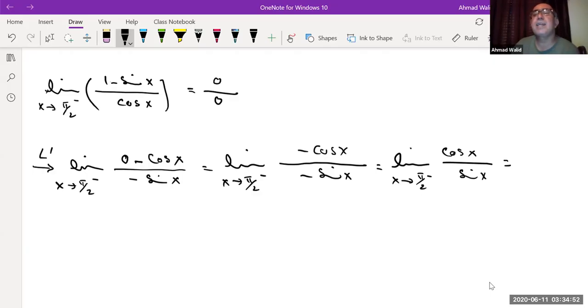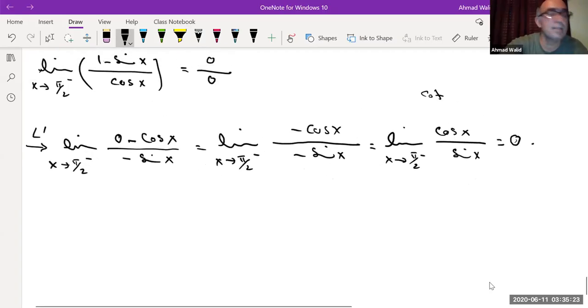Cosine x over sine x gives you cotangent x, correct? And as x approaches pi over 2, cotangent goes to 0 on the graph. Or the other way: cosine of pi over 2 is 0, and sine of pi over 2 is 1. 0 over 1 gives you 0, correct? Whichever way you go, both ways are the same.